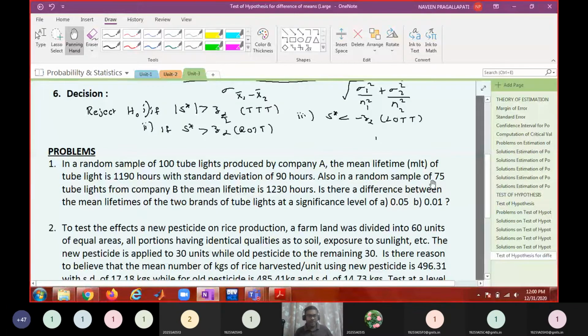Also, in a random sample of 75 tube lights from company B, the mean lifetime is 1230 hours. And standard deviation is not given. It should be given, no? Standard deviation is not given. Let me read out.